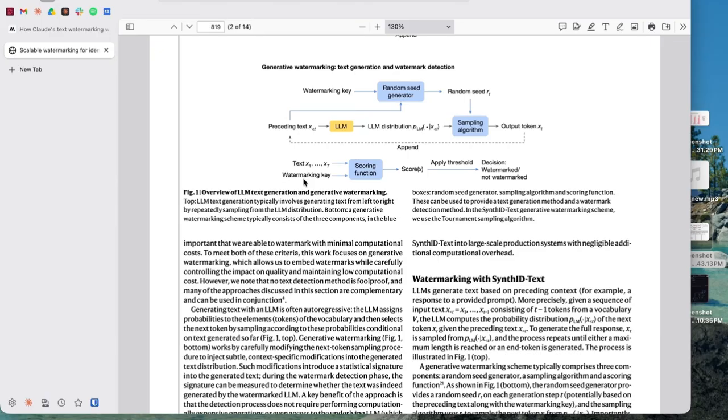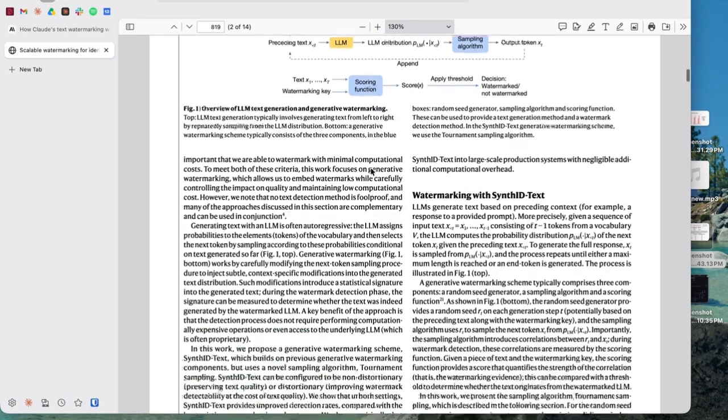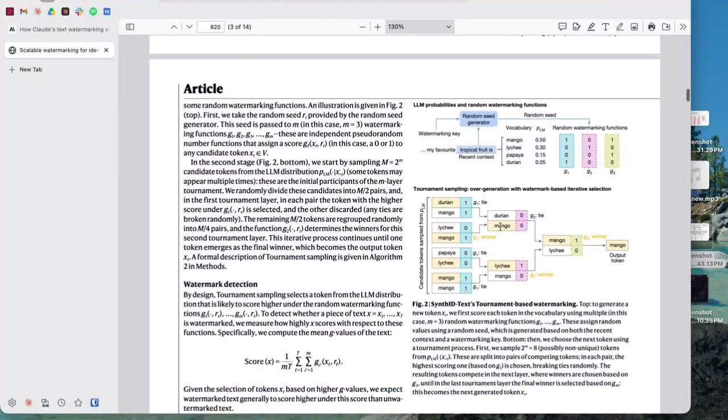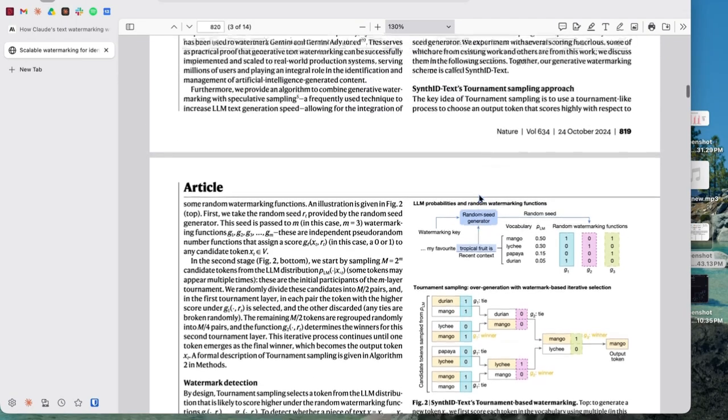Those go together into a scoring function, which basically gives you a probability, a best guess, about whether a given token was watermarked or not. What that scoring function is doing is giving you some signal about the likelihood that that individual token was coming from a process that looked like that random sampling, but with the weights that we described as the watermarking process.